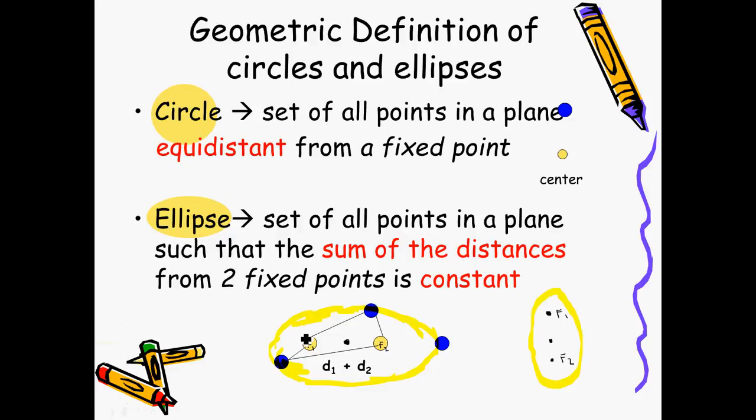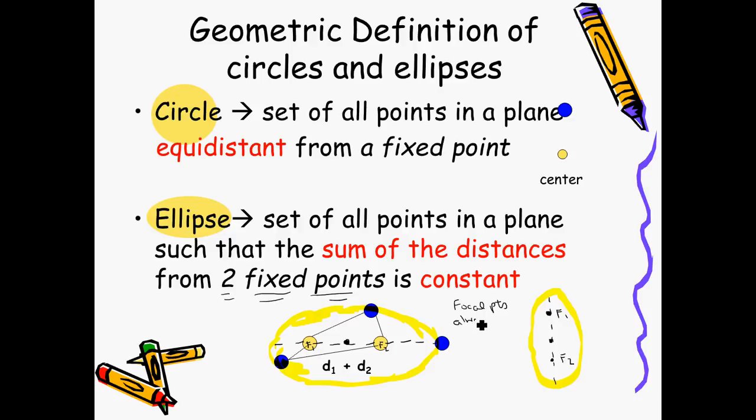Focal points always lie on the major axis. Focal points are these 2 fixed points that someone chose.